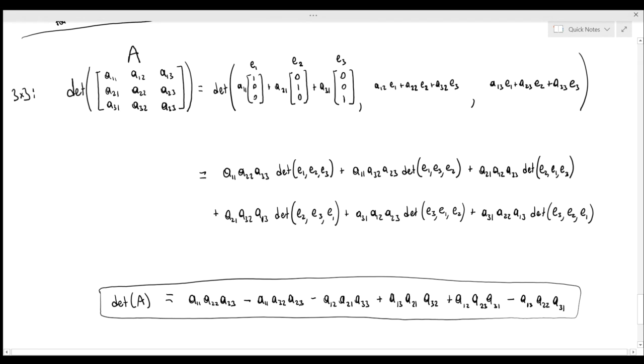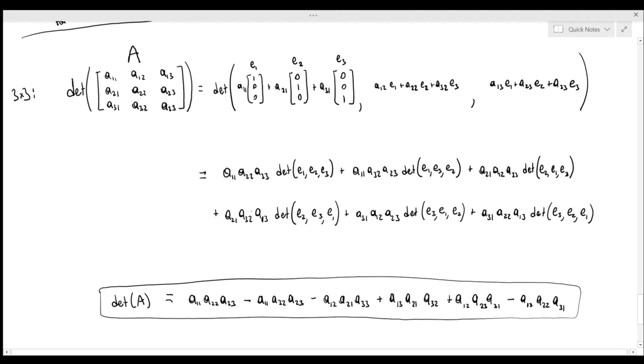Remember, anytime you have identical columns or a repeated column, the determinant is going to equal 0. Next I could have A11 E1 with A22 E2, and then A13 E1 again. That one's also 0 because of the two E1s.